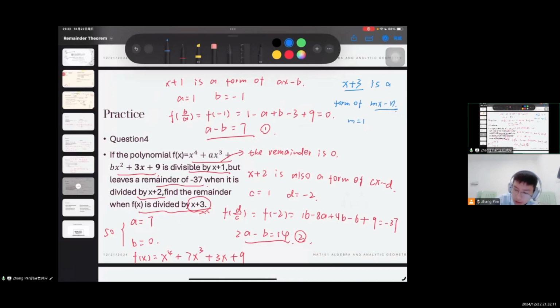So m is 1 and n is minus 3. So f(n over m) is f(minus 3) equals minus 108. This is the right answer.